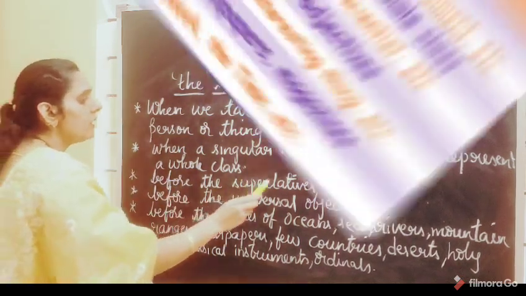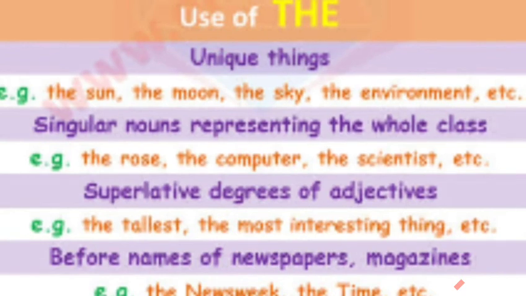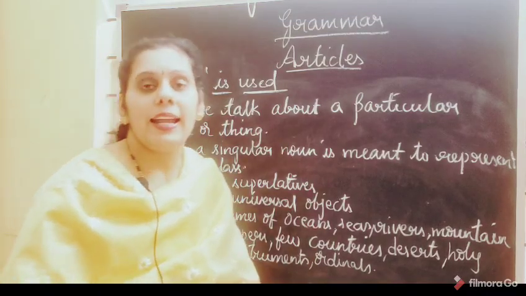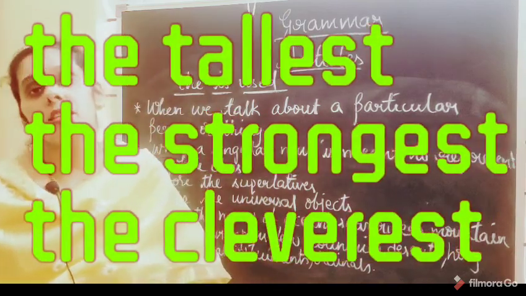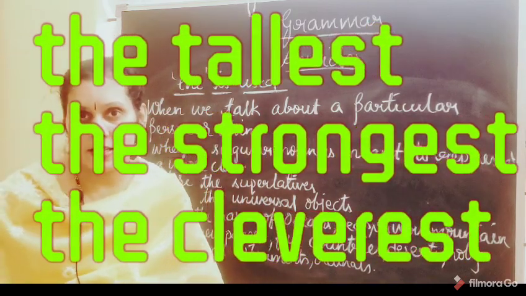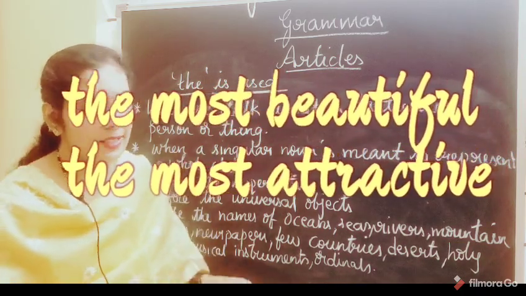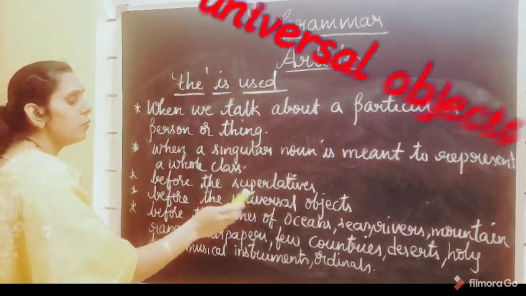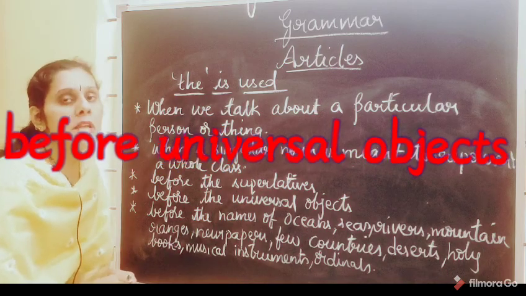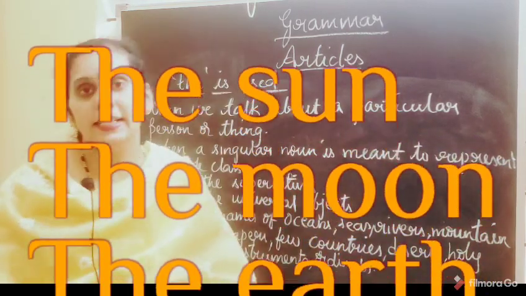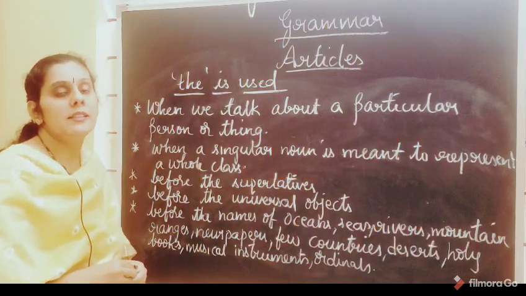Next, before superlative adjectives we use "the", like the tallest, the strongest, the cleverest, the most beautiful, the most attractive. Next, before universal objects, like the sun, the moon, the earth, the universe.